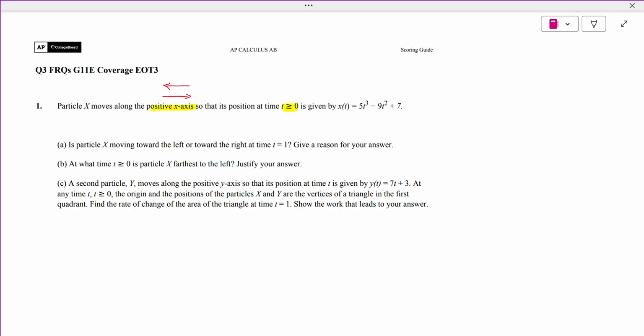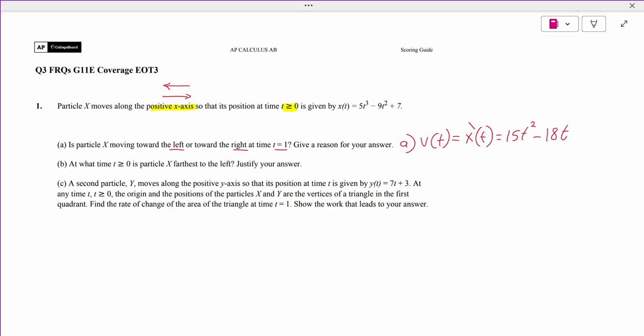Part A says, is particle x moving toward the left or toward the right at t equals 1? Give a reason for your answer. So for part A, we must find the velocity of the particle, v of t, which is the derivative of x of t, which is given by 15t squared minus 18t.